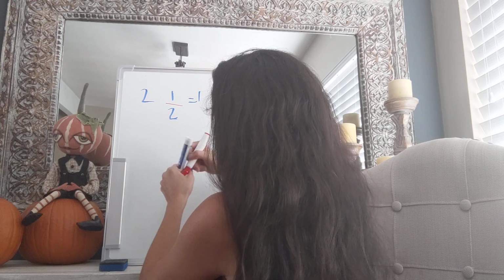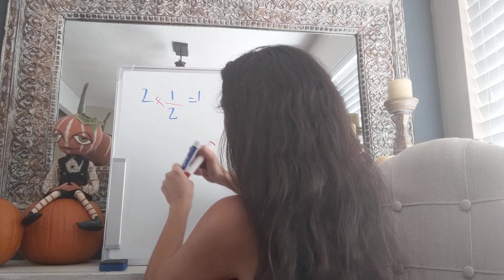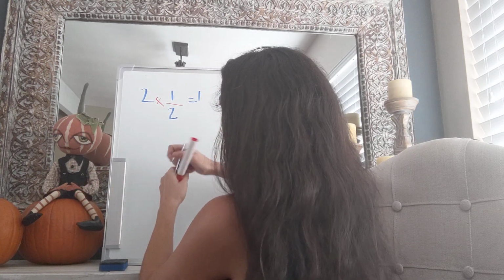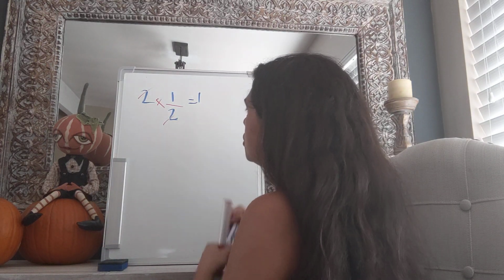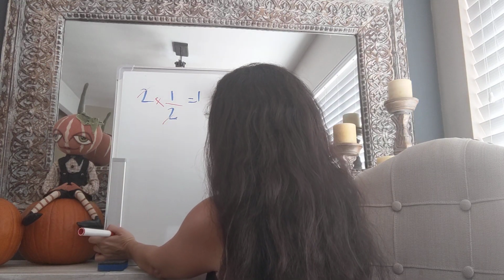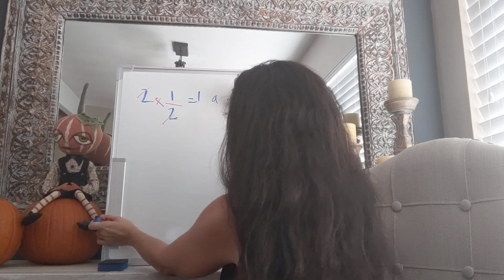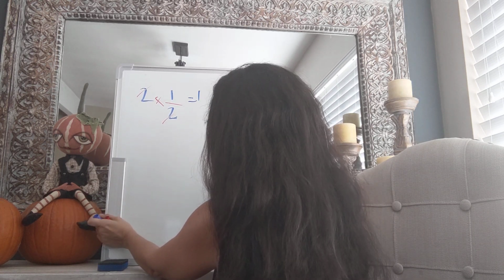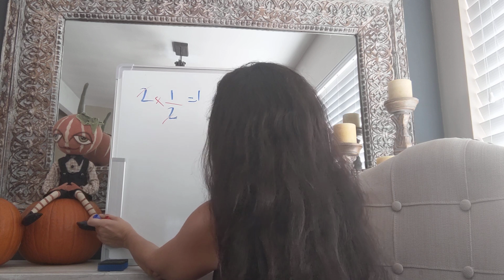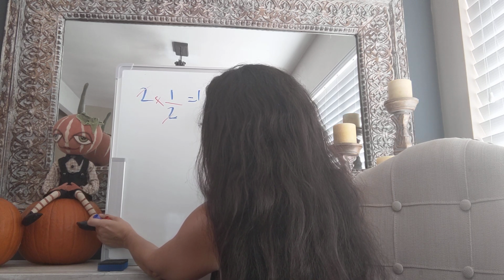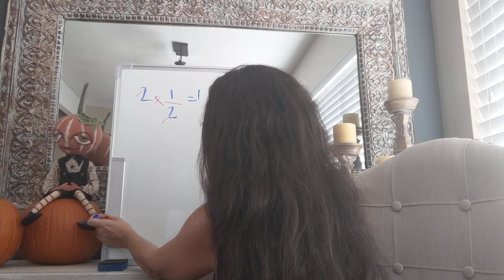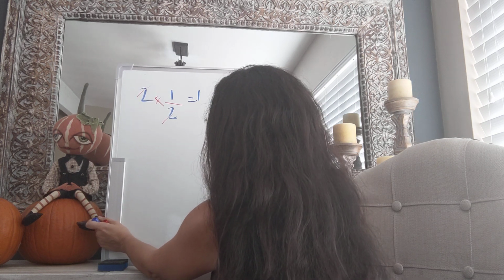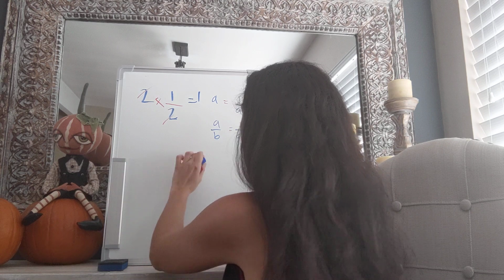I'm just gonna cancel these two guys, and then it's gonna be 1. So then the reciprocal of A will be 1 divided by A, or the reciprocal of A over B will be B over A. Yes, for the same reason.